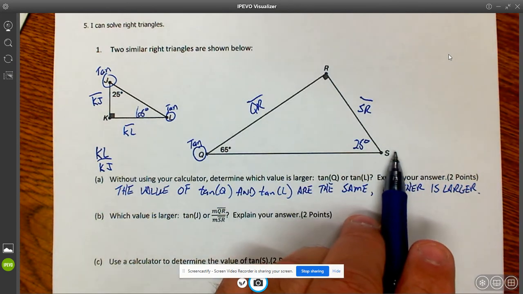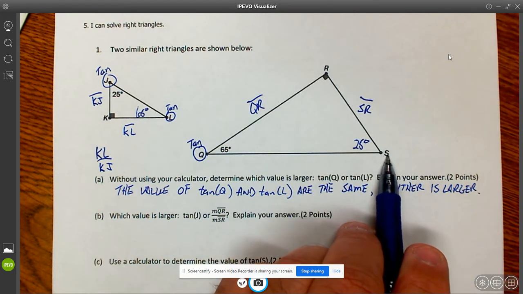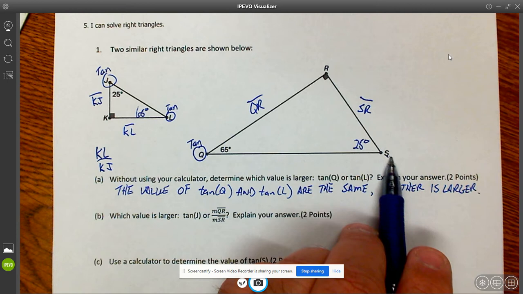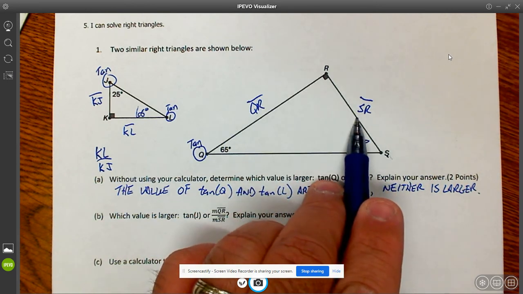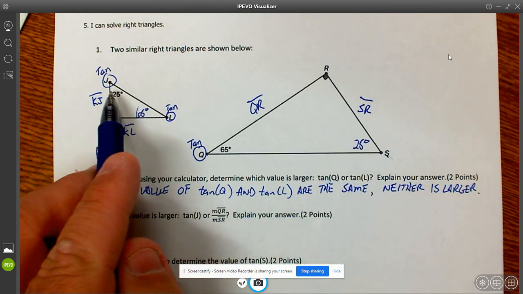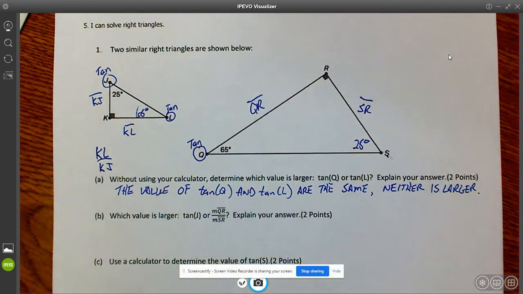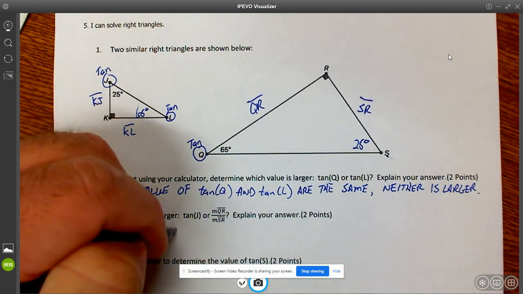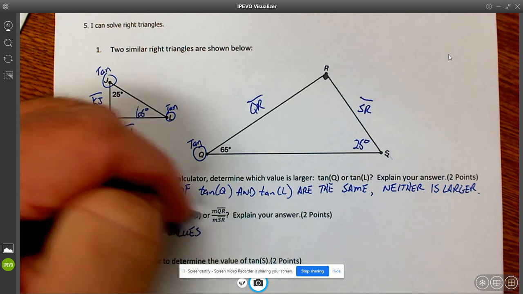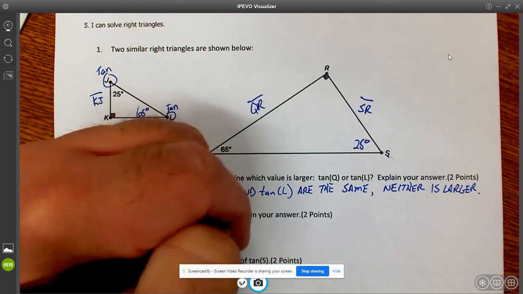But guess what happens if we do tan of S? The tan of S is opposite over adjacent, QR over QS. So they're both tan. The values are the same again.